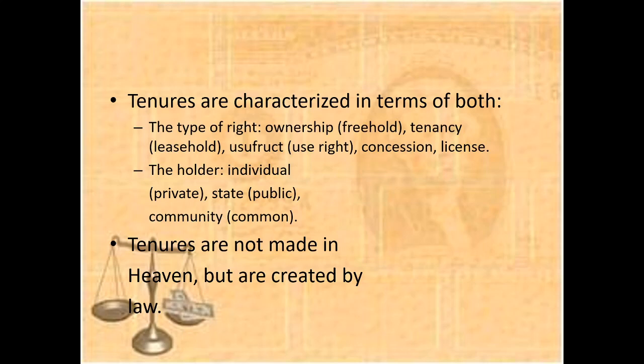If we have the 11 incidents, then we can say that we are a complete owner. So this gives you a freehold. Then you also have tenancy, that is leasehold. Leasehold is having a lesser degree of ownership, what you received from somebody and you are making use of as well as producing.